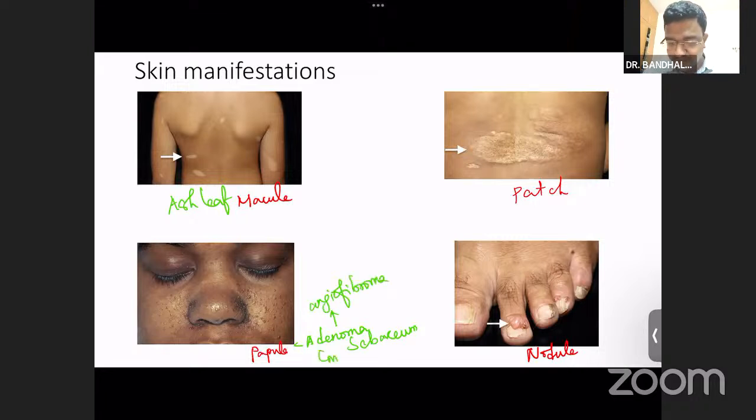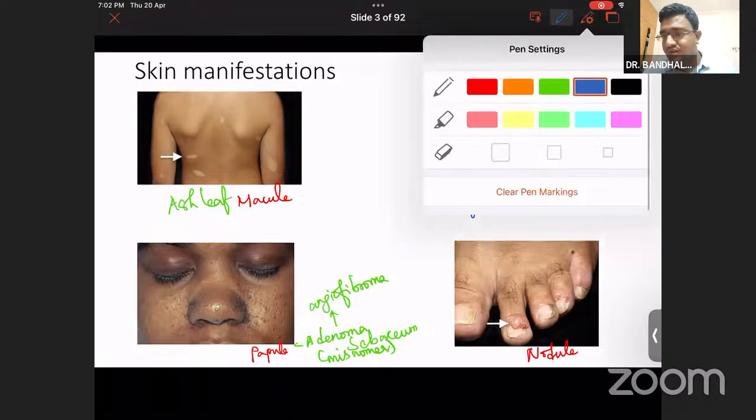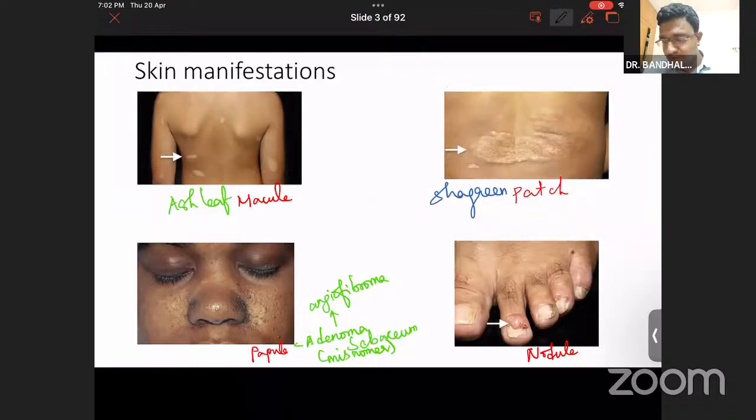It's a misnomer. In patch, it is shag-green patch. In nodule, it is known as Koenen tumor or Koenen nodule, or periungual fibroma.